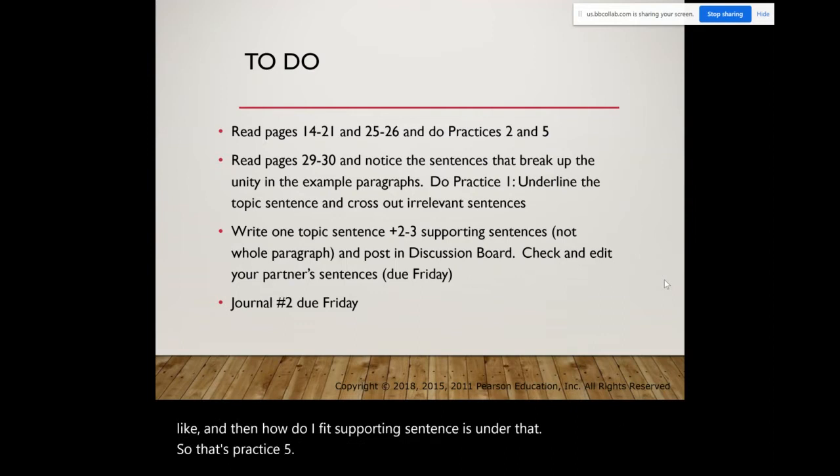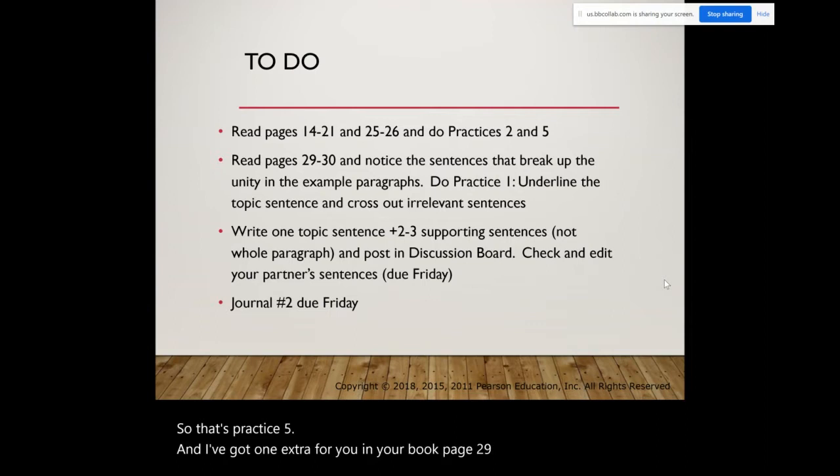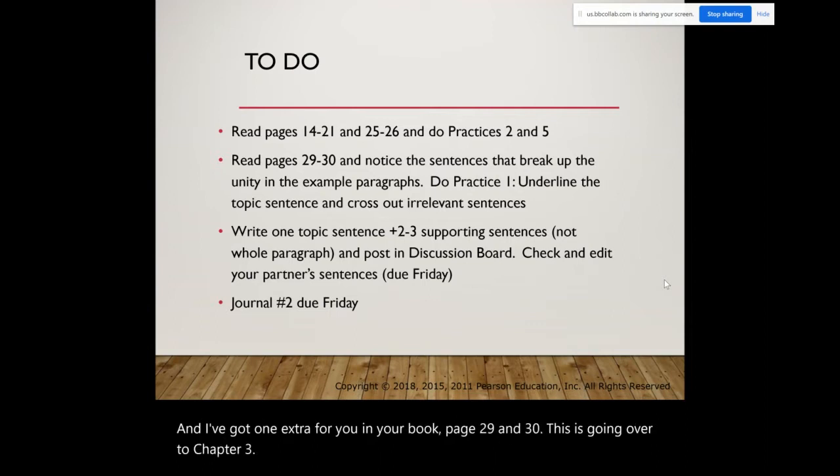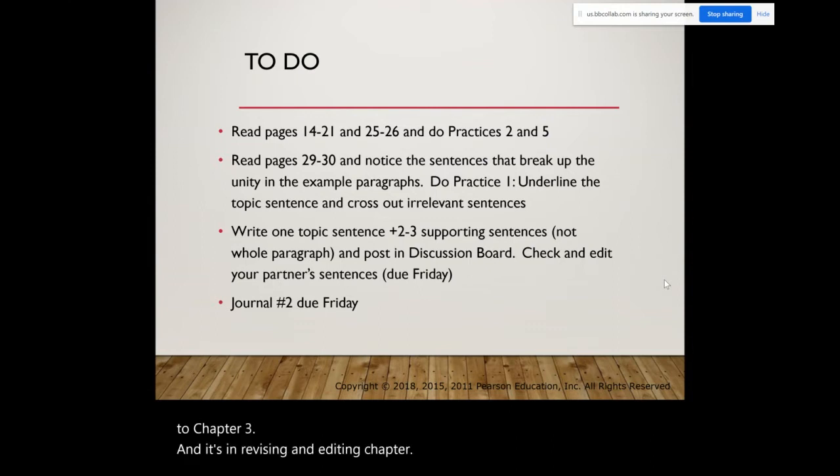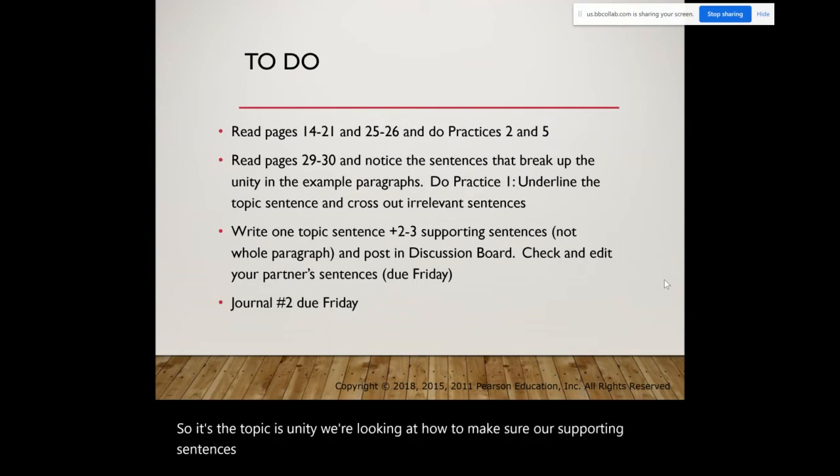And I've got one extra for you in your book, page 29 and 30. This is going over chapter 3, and it's in the revising and editing chapter. So the topic is unity. We're looking at how to make sure our supporting sentences are focused.